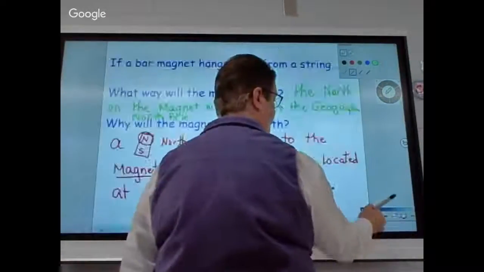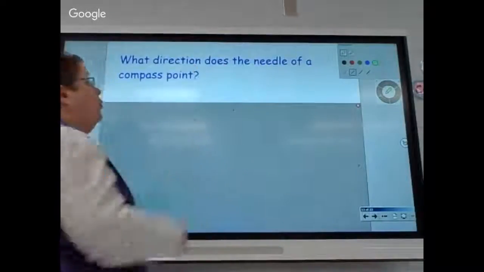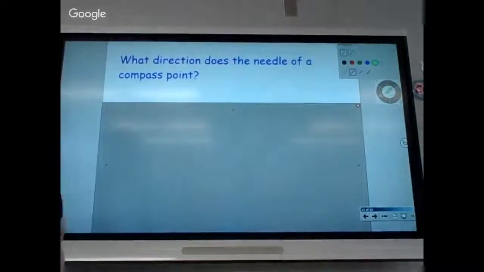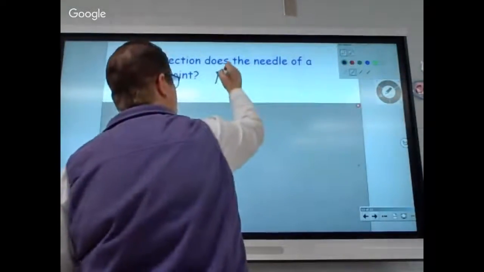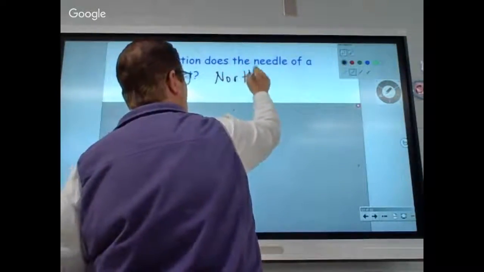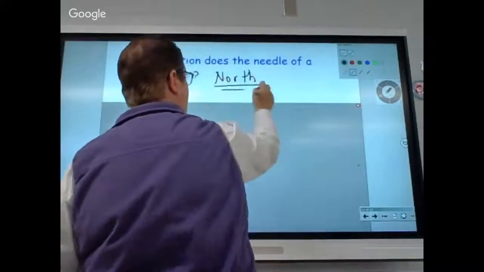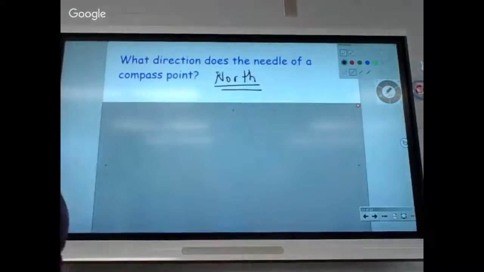Now, what direction does a compass needle always point? Those of you who've had JROTC know this. They always point north. The answer does not change from what you already wrote down. Compass needles point north.